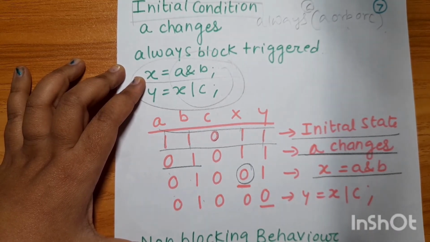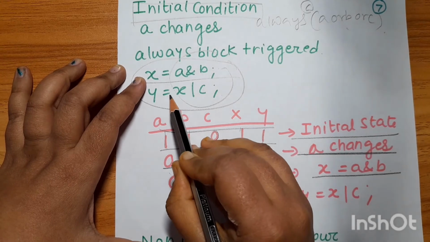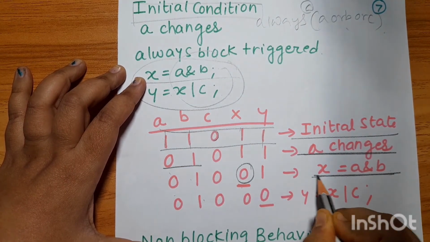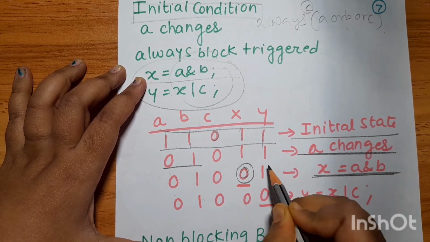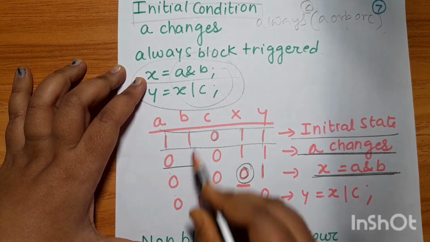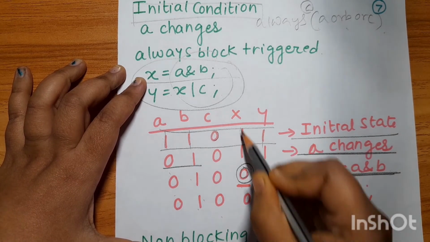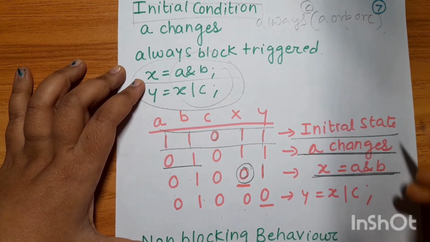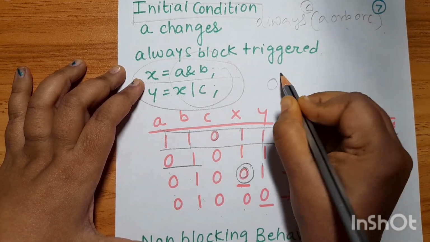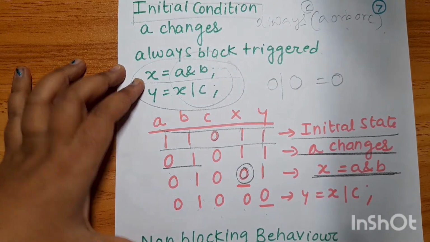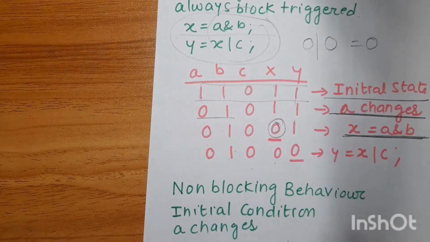Then we move to Y = X or C. X is 0, so Y also becomes 0 or C, which is 0, equal to 0. So this is how the blocking assignment works.